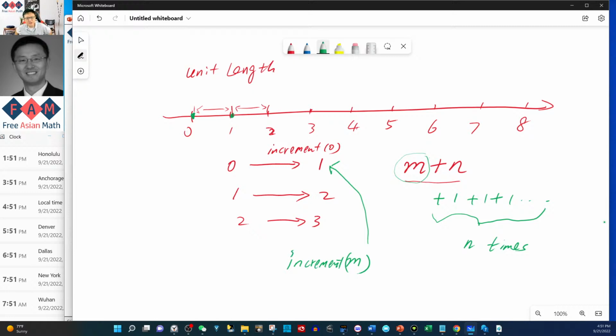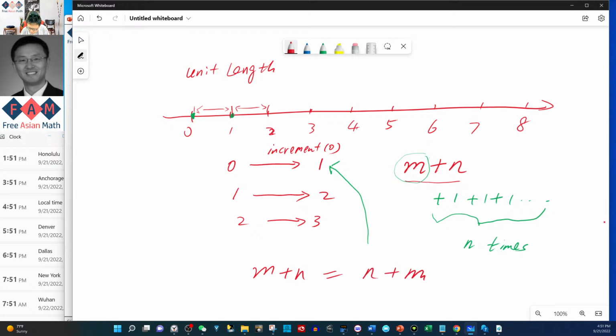So that's our definition of m plus 1, and then m plus n. So that's how we get this idea. What is addition? Addition is nothing but repeated counting forward. Now we want to intuitively understand why m plus n equals n plus m.